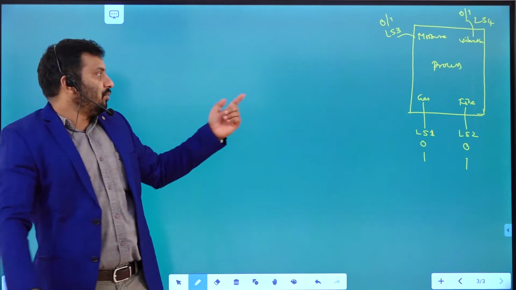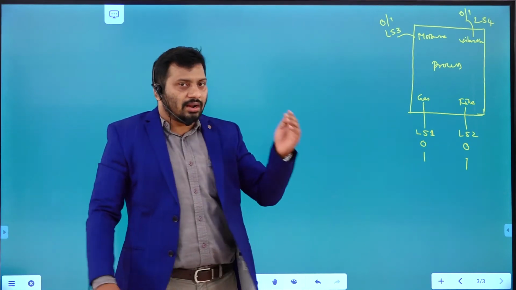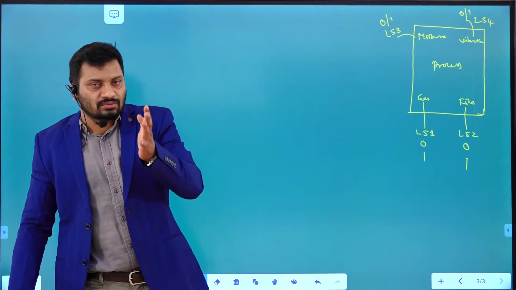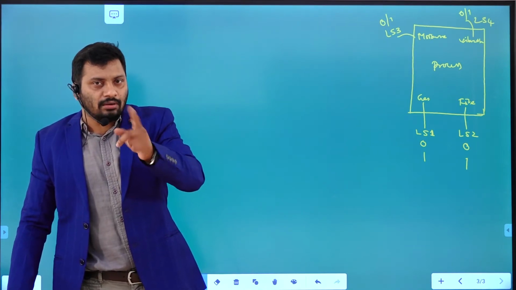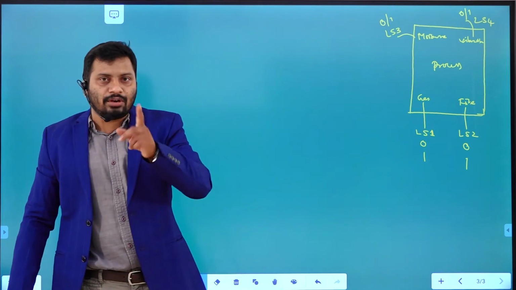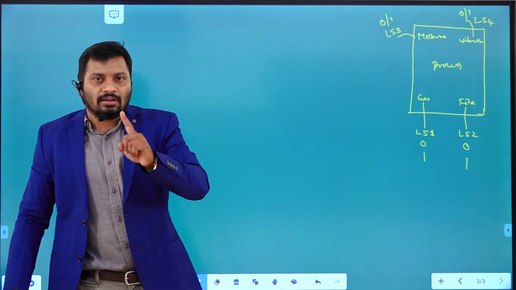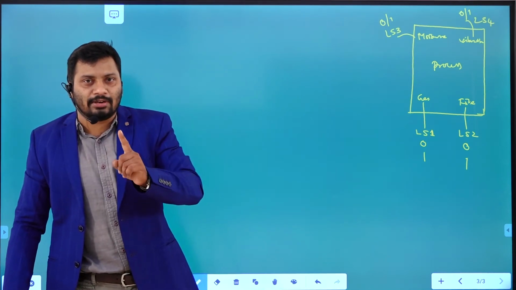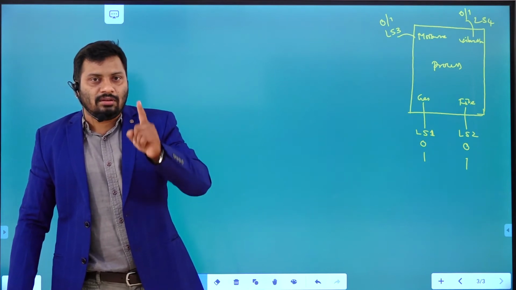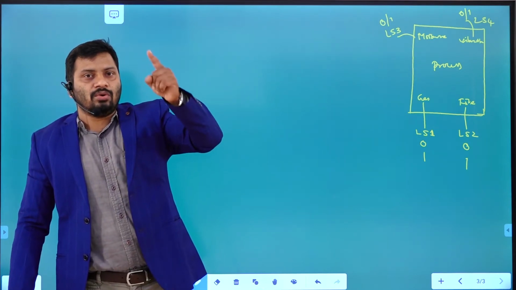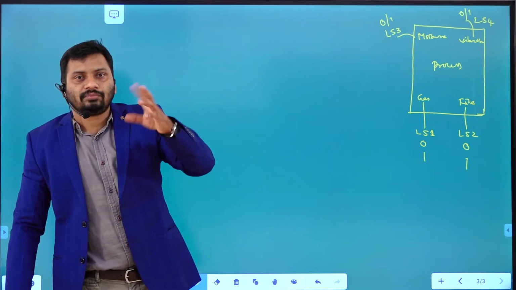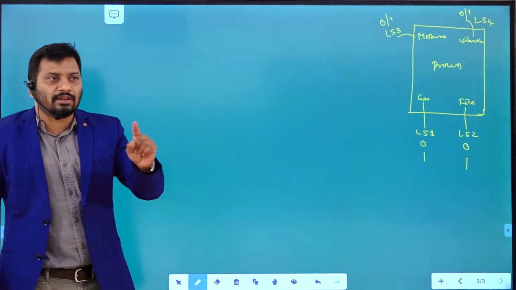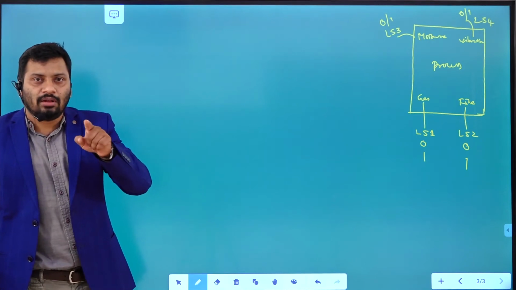For example, if limit switch 1 gives a high signal, it means this particular gas in the atmosphere has crossed the limit. It gives a danger, gas is above the required value, that means some disturbance is there in that particular field, right?